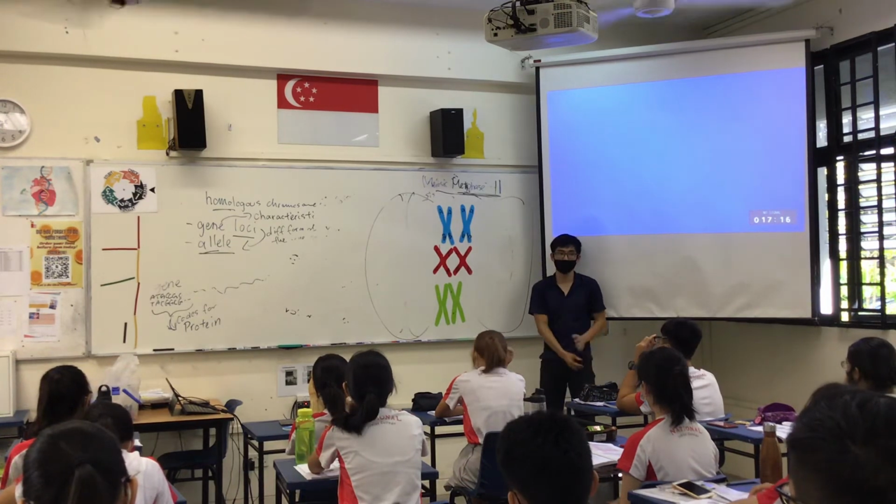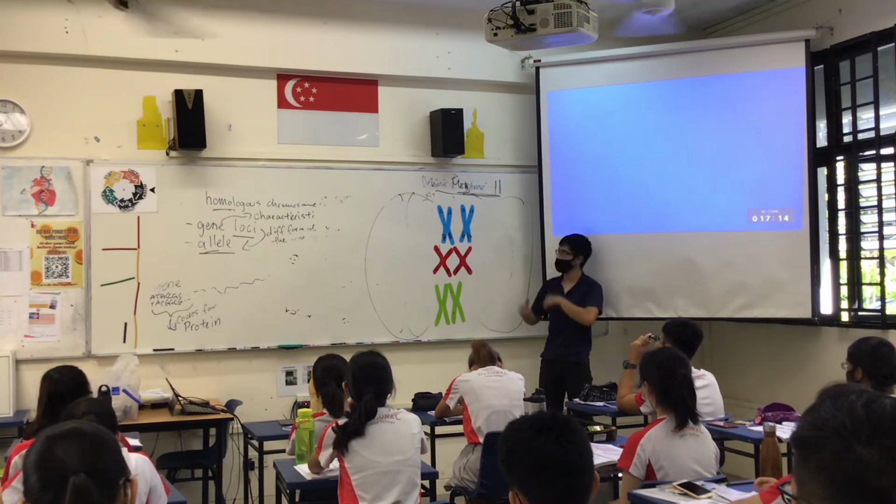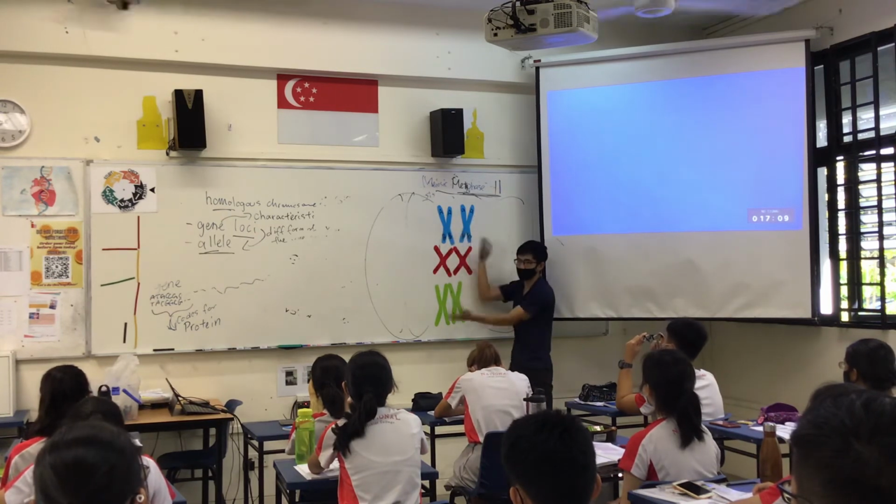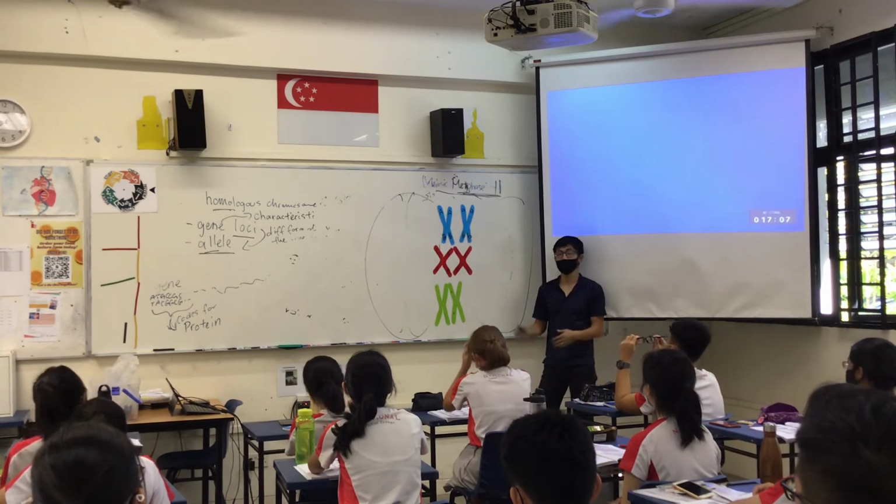What is independent assortment of chromosomes? Independent assortment of chromosomes means that how any of these pairs align themselves along the midline is independent from each other.